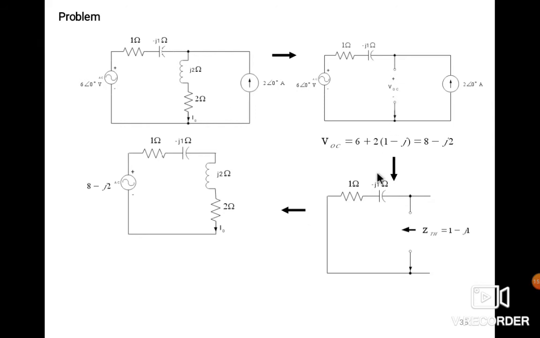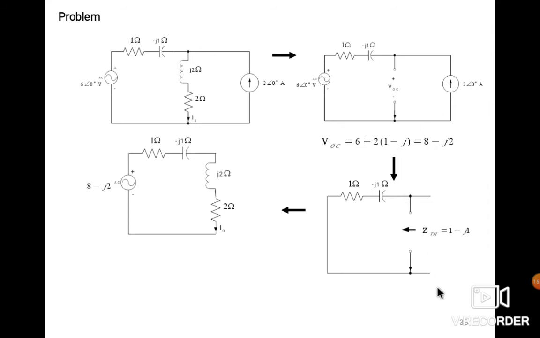Open circuit voltage. This is step 1, find out the VOC by using this simple formula. It's the total voltage V plus the impedances, 1 minus J. This is the complex form. In the complex form, we write VOC is equal to 8 minus J2.